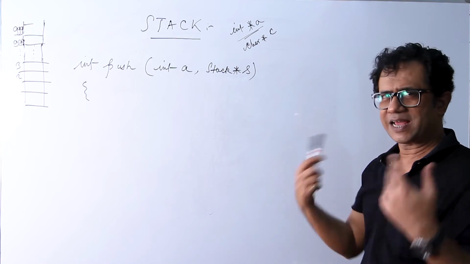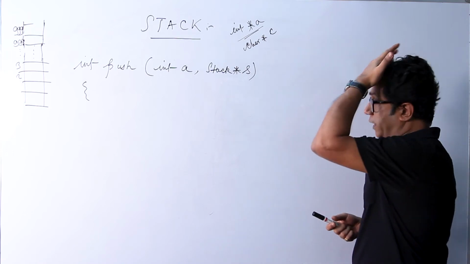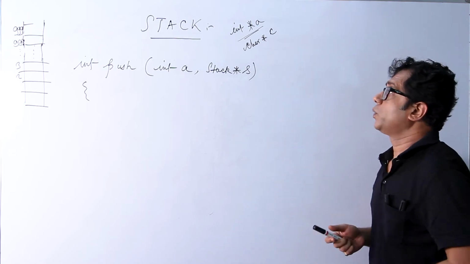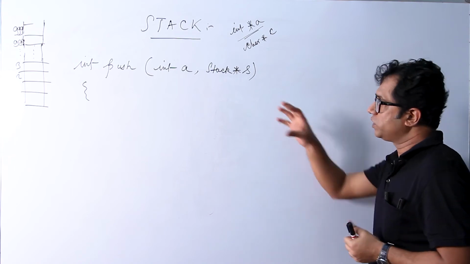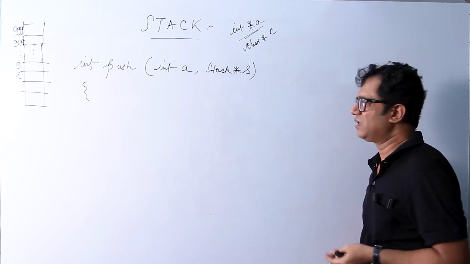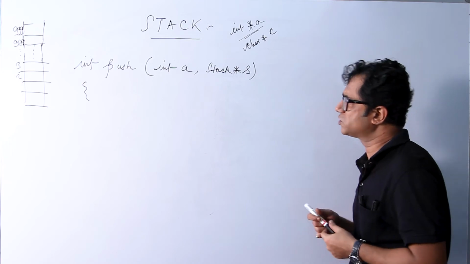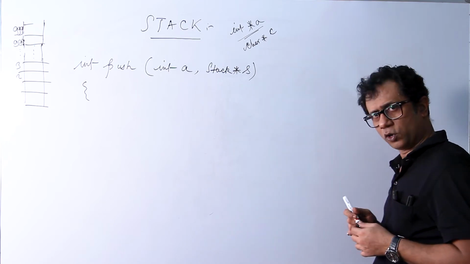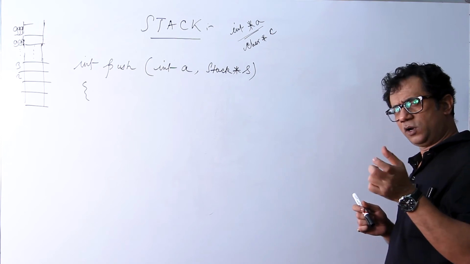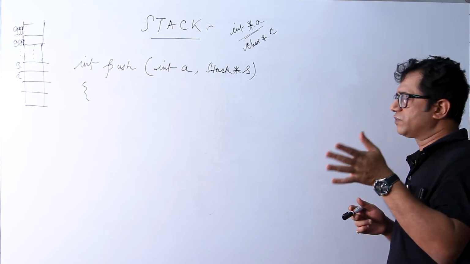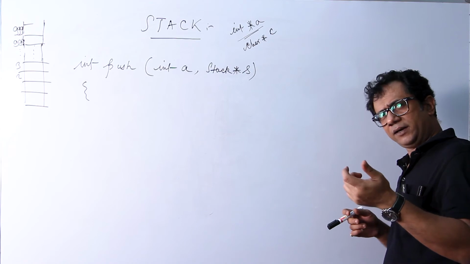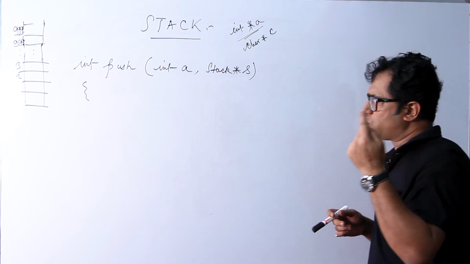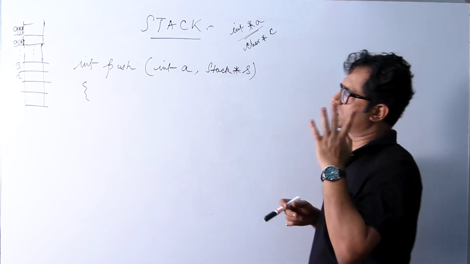So a stack overflow error will occur. To deal with that situation, we will put a check by means of a very simple if-else construct, in order to check whether the stack is full. And if the stack is full, we cannot insert, and if the stack is not full, we can insert or push at least one element into the stack.